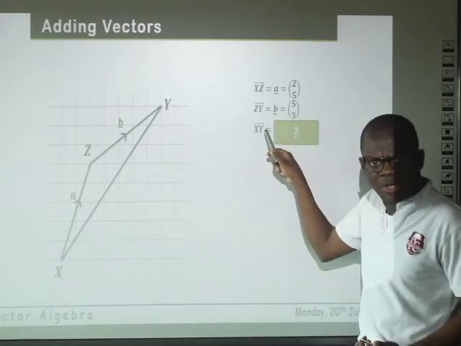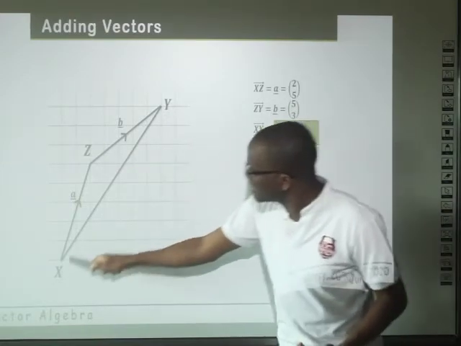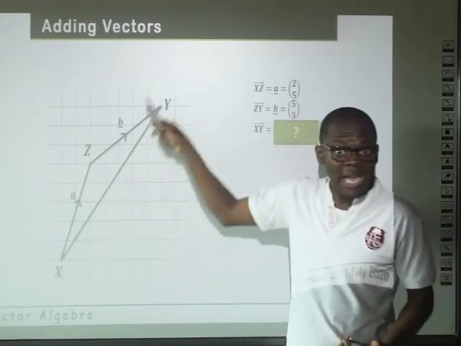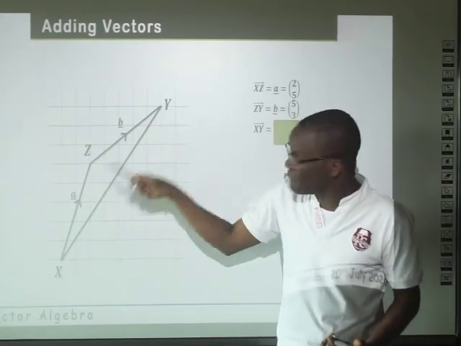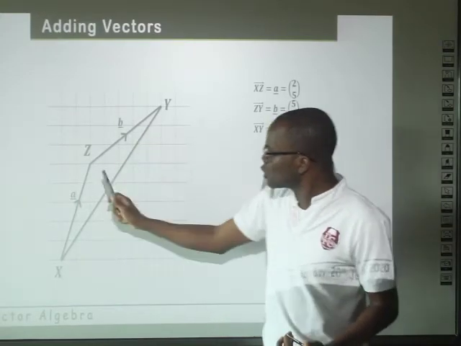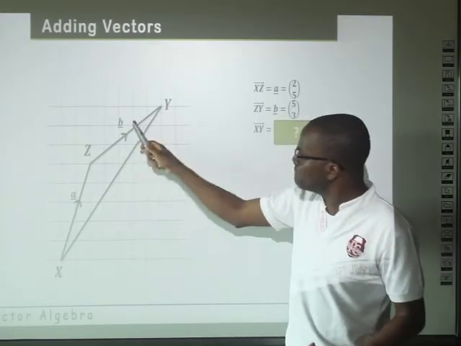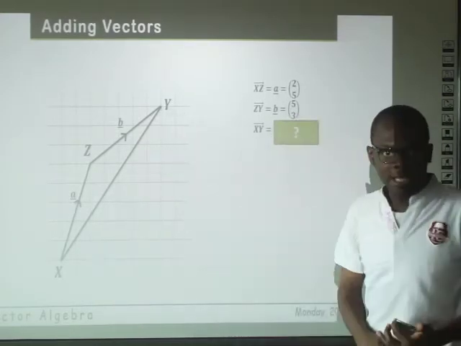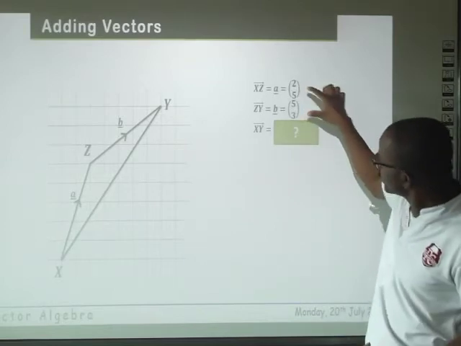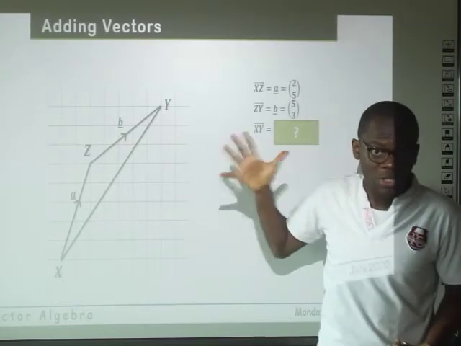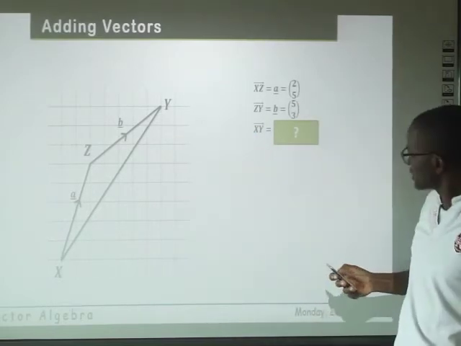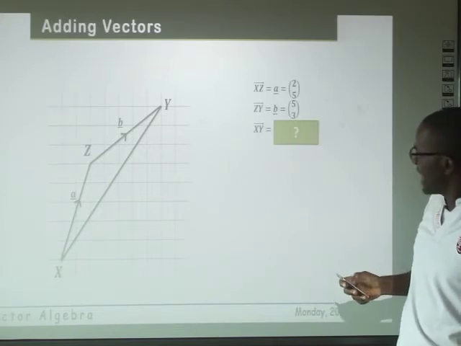So now, what do you reckon would be the vector xy? And remember, the vector xy is the resultant of the two vectors A and B. So we're simply adding A and B to get xy. So when you add that in component form, you're simply adding these two vectors. That's all you're doing. Okay, and so when you add two vectors together, what do you get?